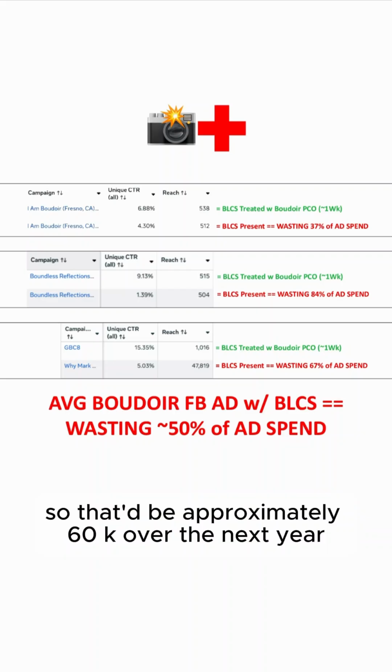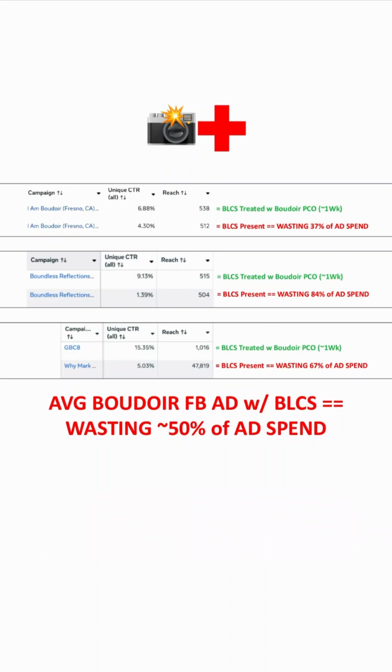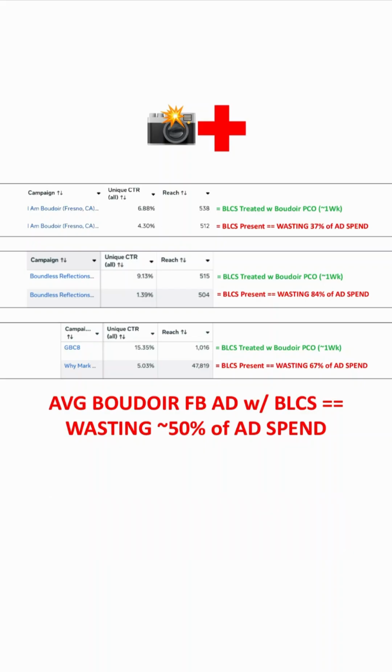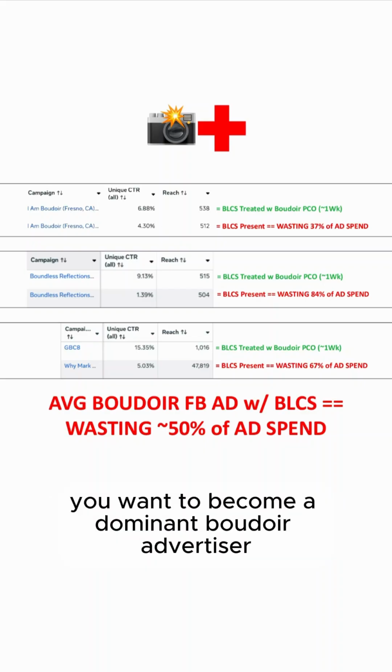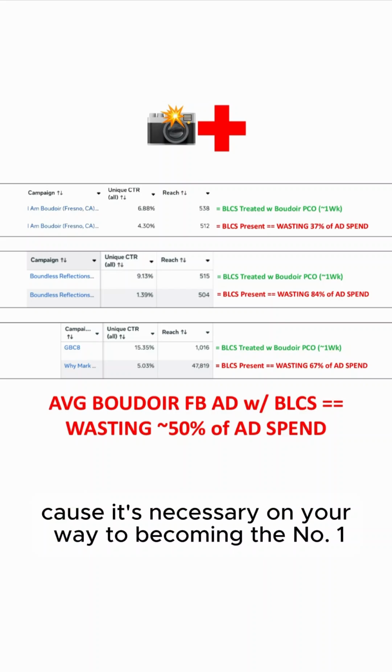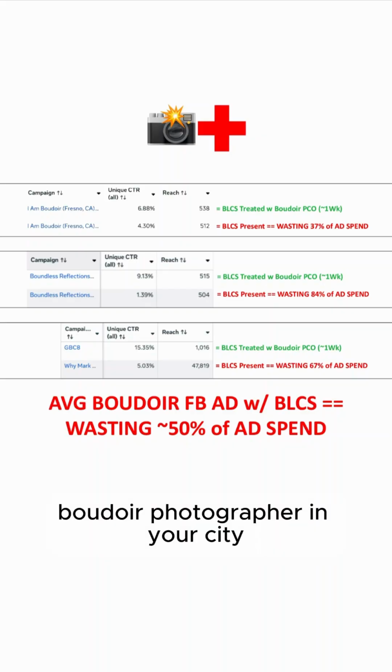That'd be approximately 60K over the next year. And you decided that you want to achieve pre-click alignment. You want to become a dominant Boudoir advertiser. You want to achieve Boudoir brain entry, boost your Boudoir Facebook ads, because it's necessary on your way to becoming the number one Boudoir photographer in your city.